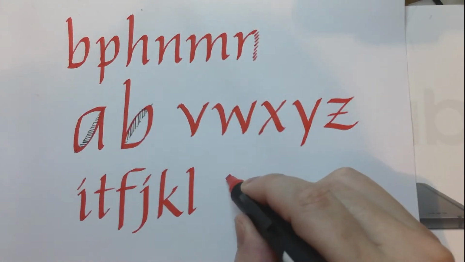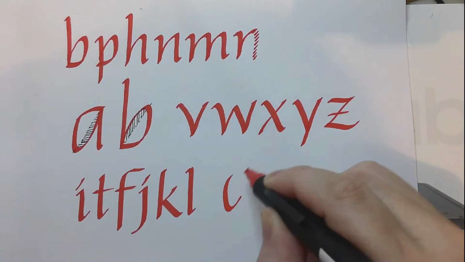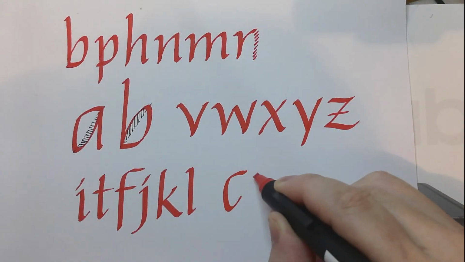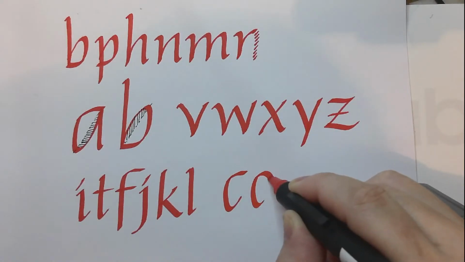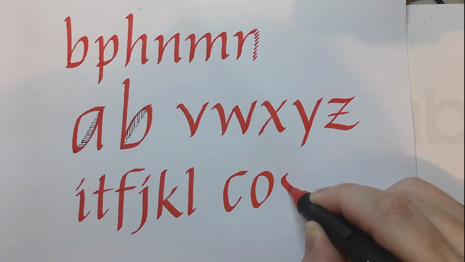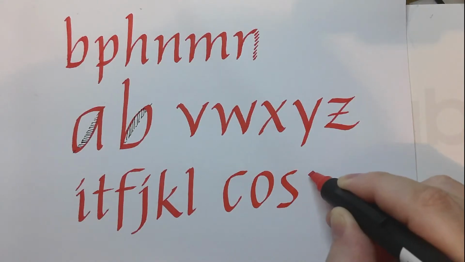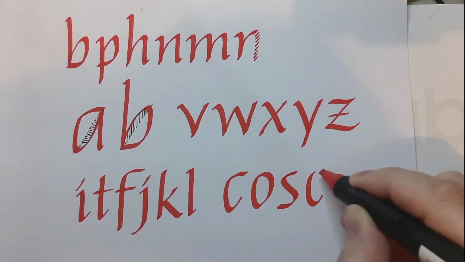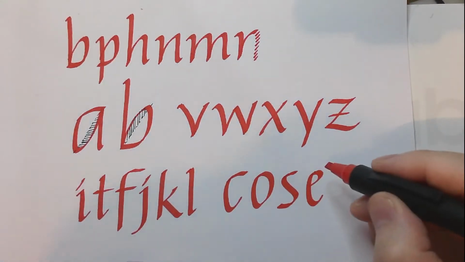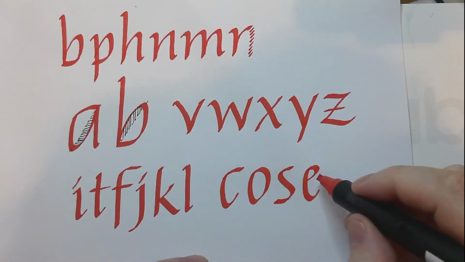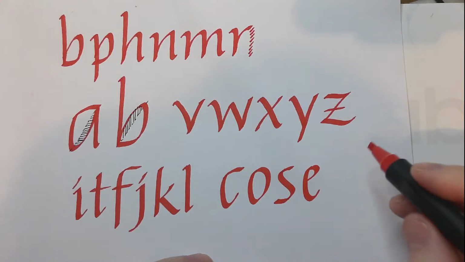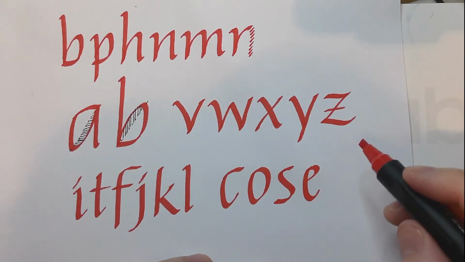and it's the C, the O, the S, and the E. Now what's interesting about this group is that they all fit within an oval.